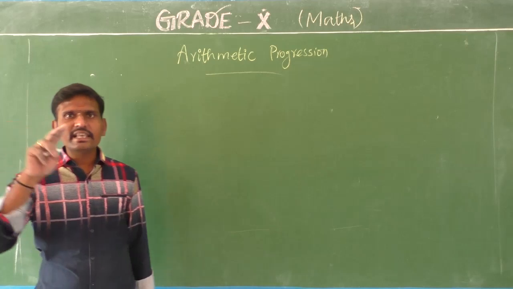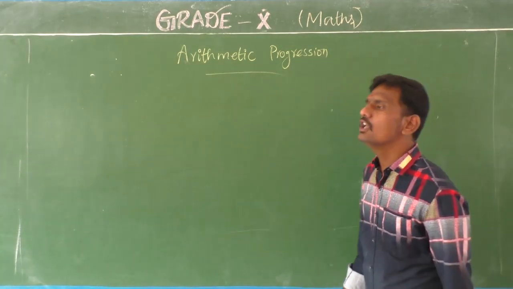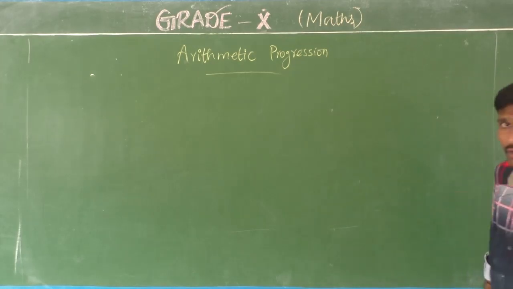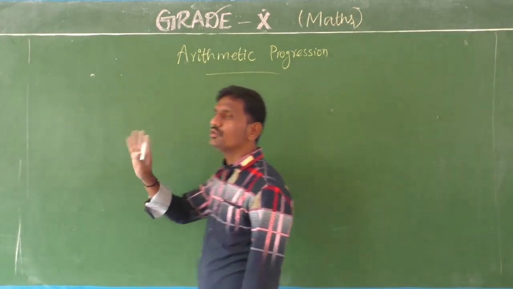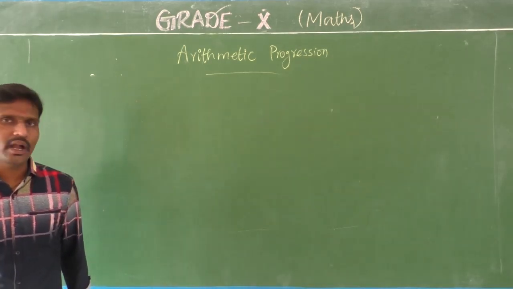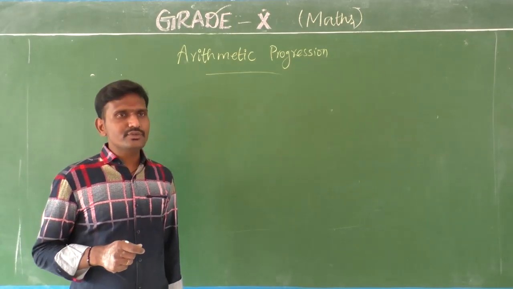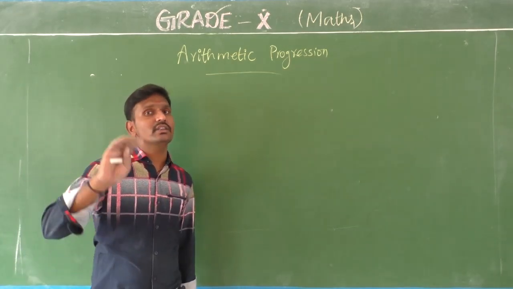And coming to the second exercise, you have the nth term of AP. So the nth term of AP, an equals a plus n minus 1 into d, and here d is equal to a2 minus a1. Here we have covered the questions for finding particular terms.